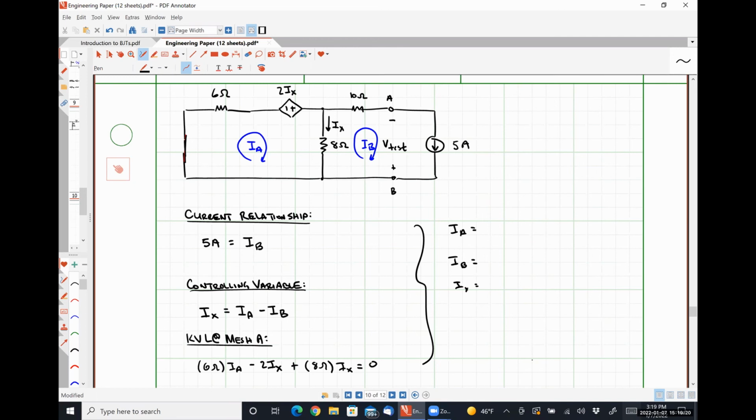And I happened to get 2.5 amps for IA, 5 amps for IB, and so negative 2.5 amps for IX. Anybody else get those results?